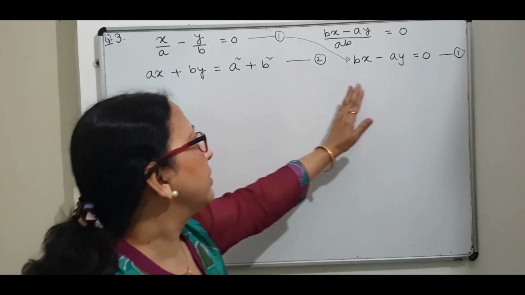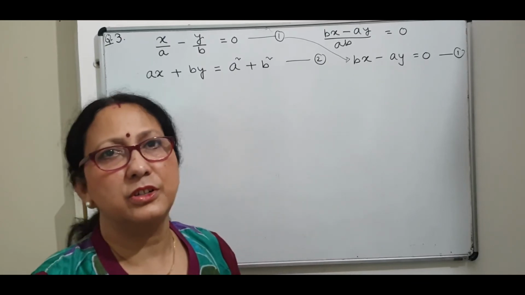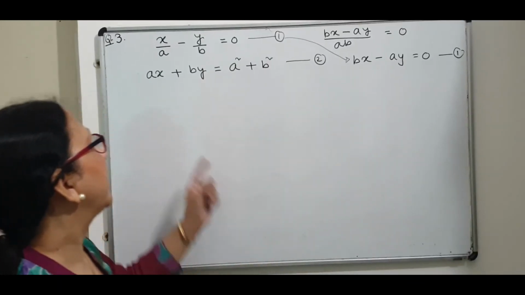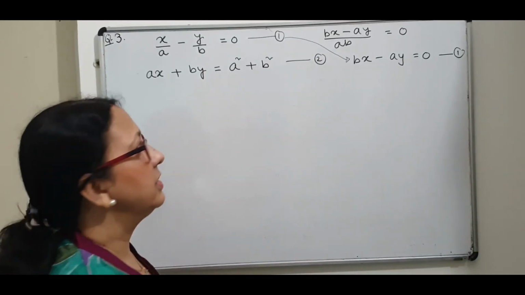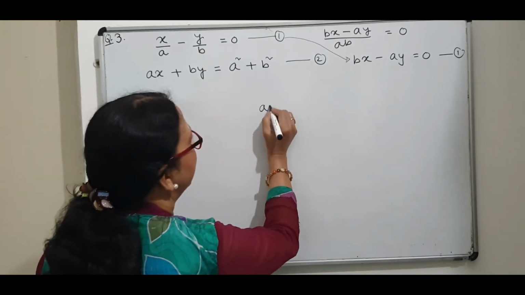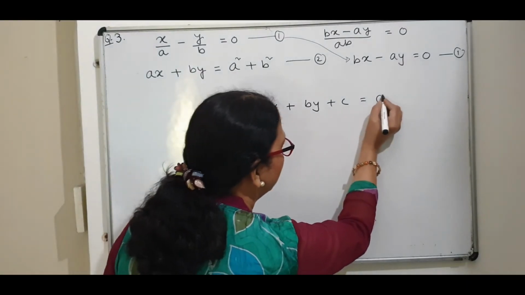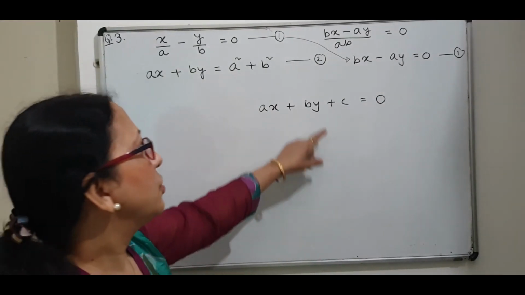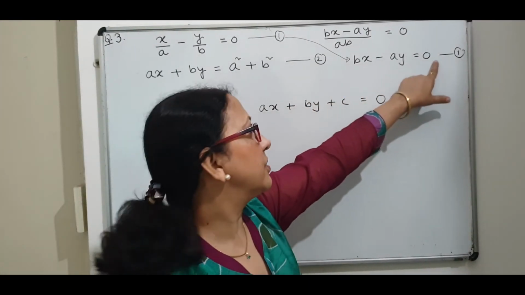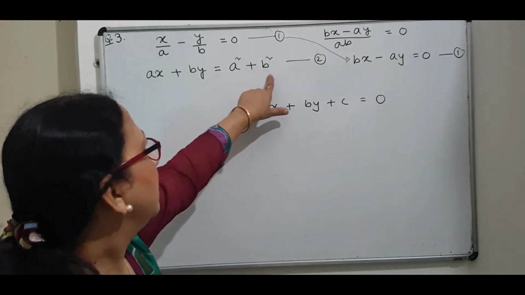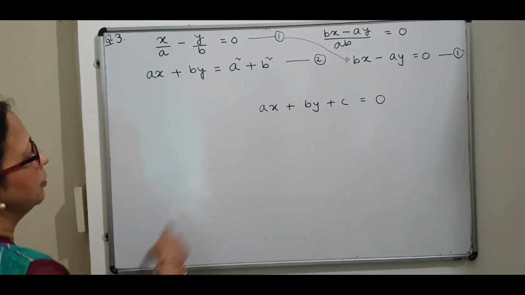For solving by the method of cross multiplication, the first thing you have to do is express the equations in the standard form, that is ax plus by plus c is equal to 0. That means the RHS has to be 0. So this is already in the standard form, RHS is 0. But here it is not, so I have to change this to bring it into this form.